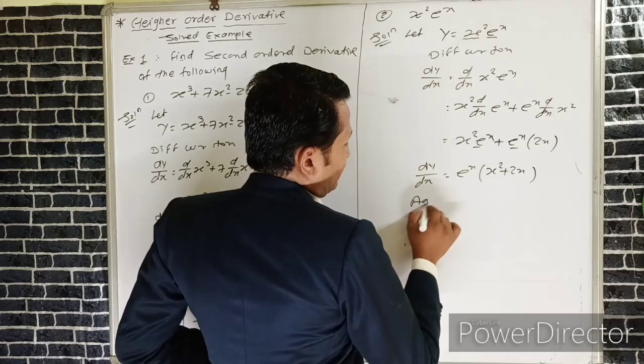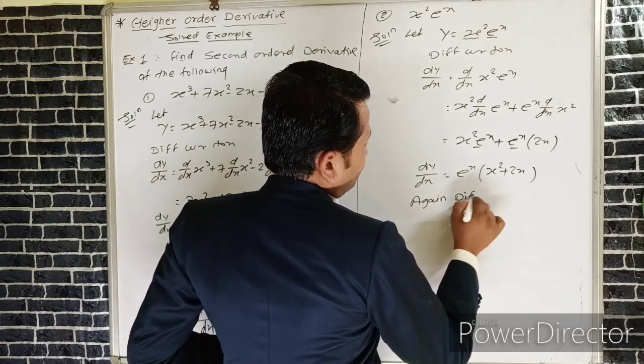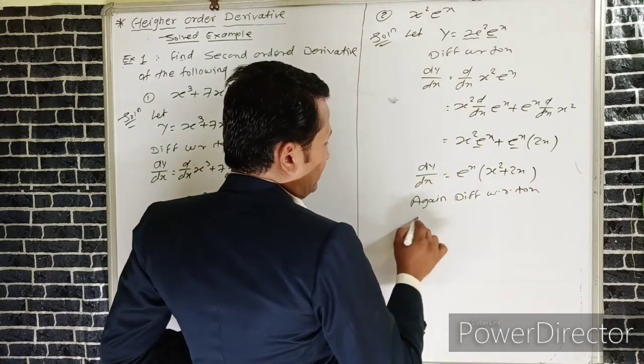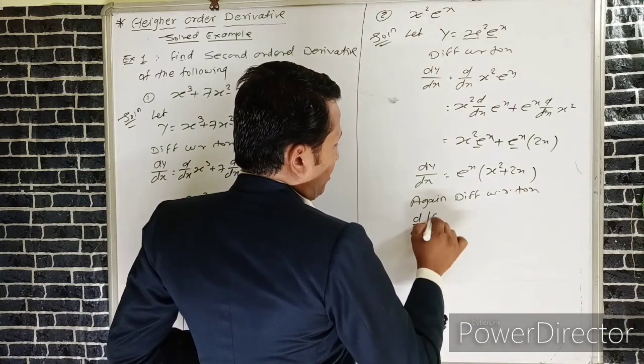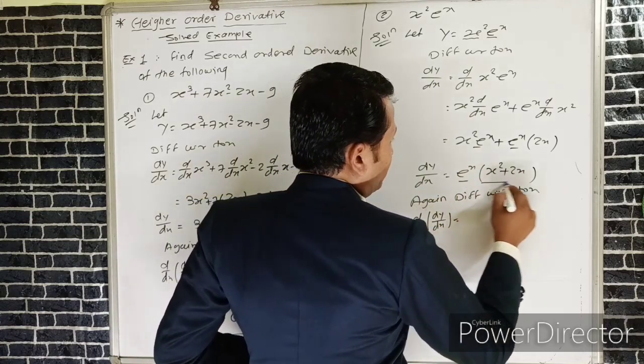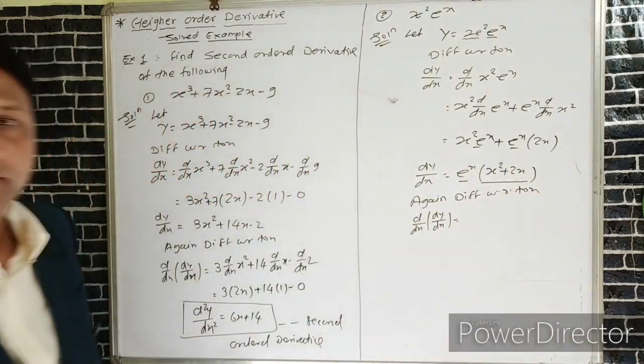Now if we again differentiate with respect to x, we take the derivative of dy by dx. Here again both terms are in the form of u into v.